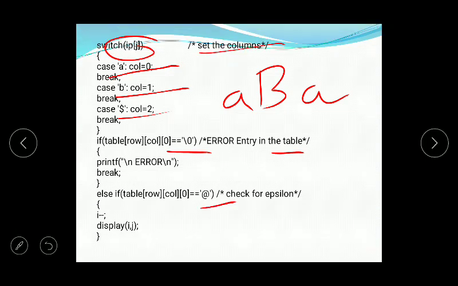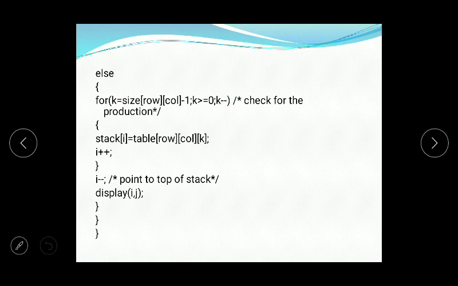If that is the case, if it is the epsilon case, then it has to be popped from the stack and you call the display function to display stack and input. But these two cases are not true for our example. So check this one, a very important thing happens here: for k equal to size array of row, column minus 1.